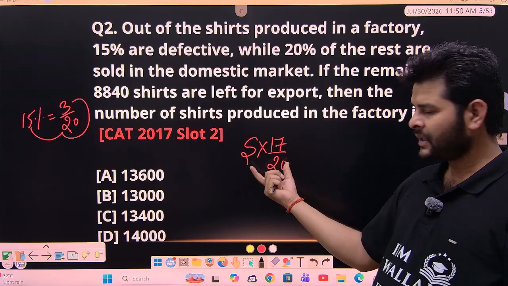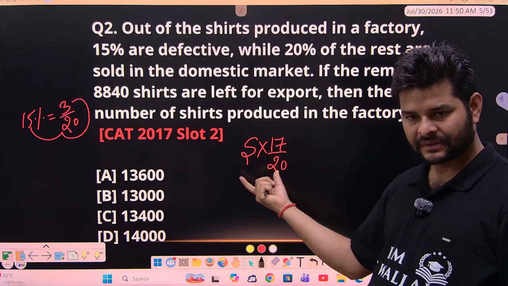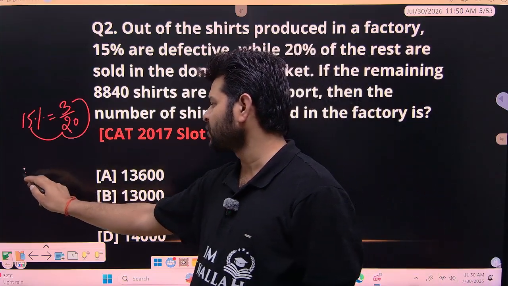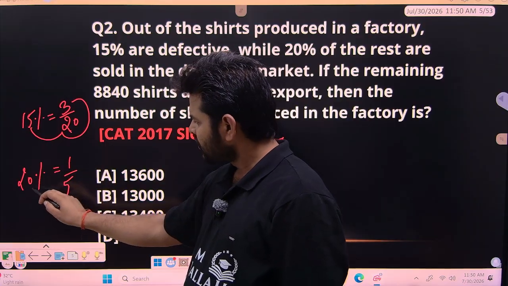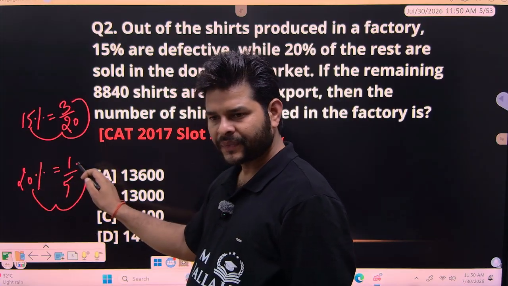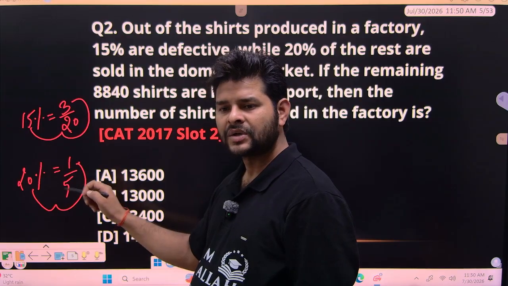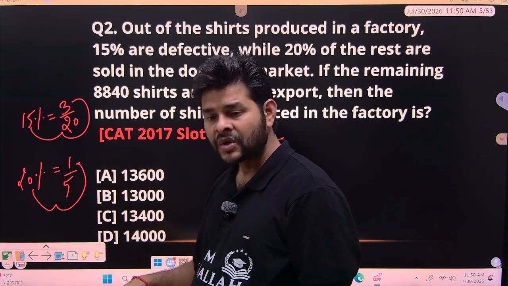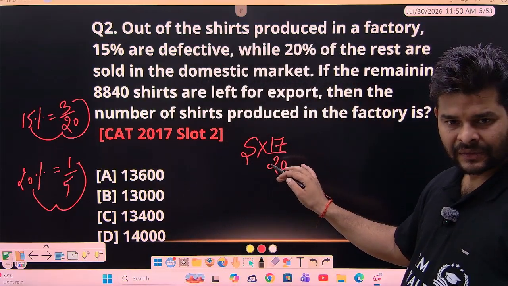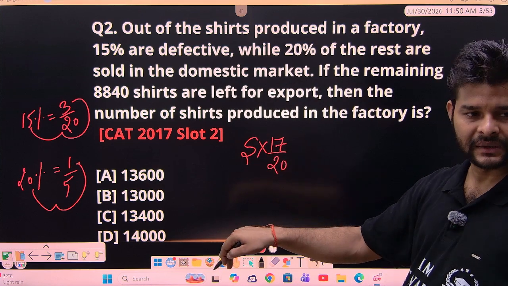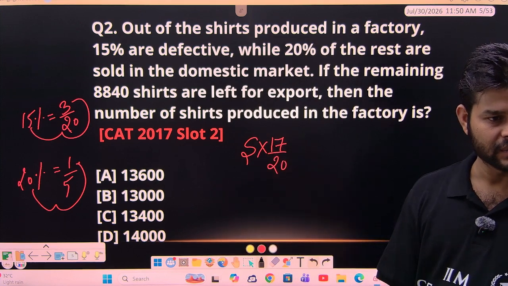That means 20% of this. 20% means 1 upon 5, so 1 is sold out of 5. So the remaining would be 4 by 5 of the rest shirts. Are you getting it or not?